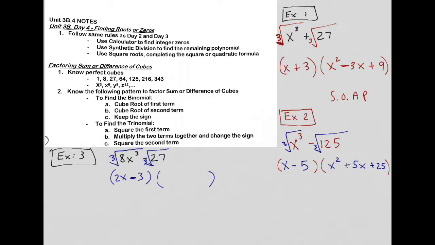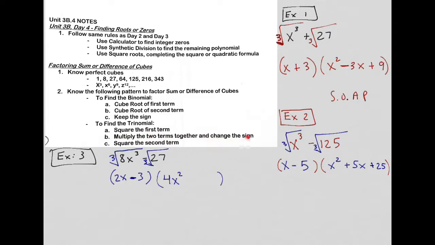All right, how do we get our trinomial? You take this one right here and you square it. So 2 squared is 4. X squared is x squared. And you keep the sign. That's a positive 2x, so it's going to be a positive 4x. Next, what do we do? We're just following notes here, guys.